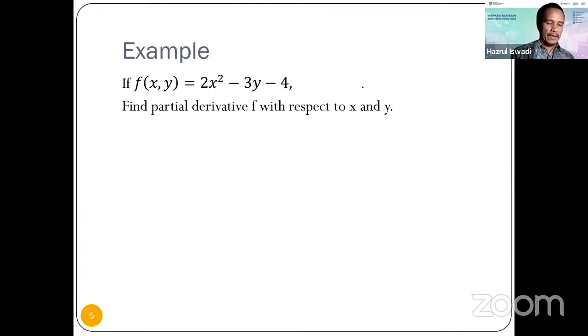And I will help you to show the solution.